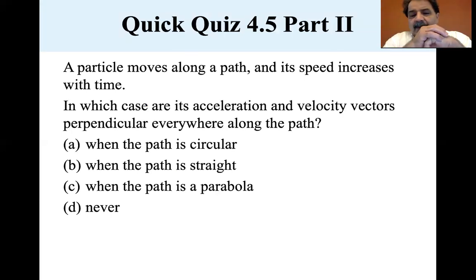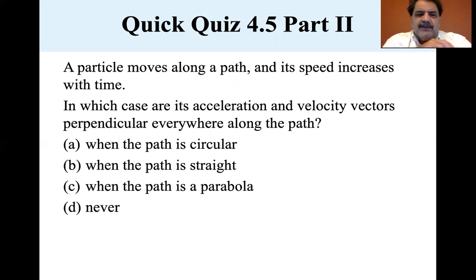And when it's a parabola, well, at the top of a parabola, the horizontal velocity is perpendicular to the gravitational acceleration. But the question is, a particle moves along a path and its speed is increasing.